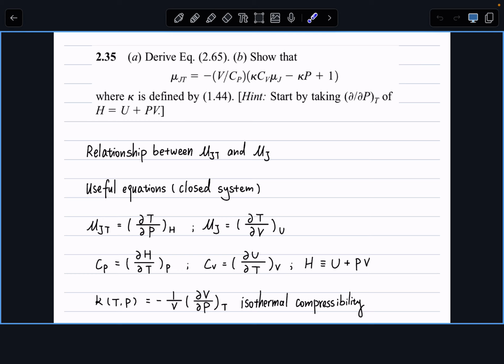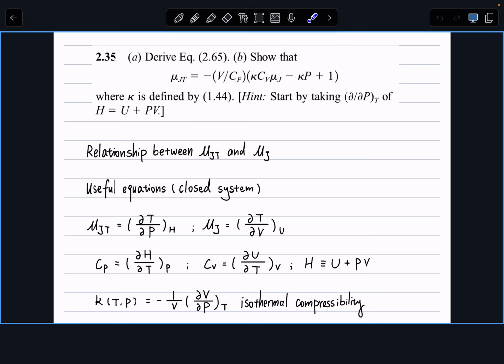So writing it out, we have V times chi times Cv times mu J equals negative of dV over dP at constant T times, well, there's also a negative sign, dU over dV at constant T. Right, so my negative sign and negative sign cancel out.